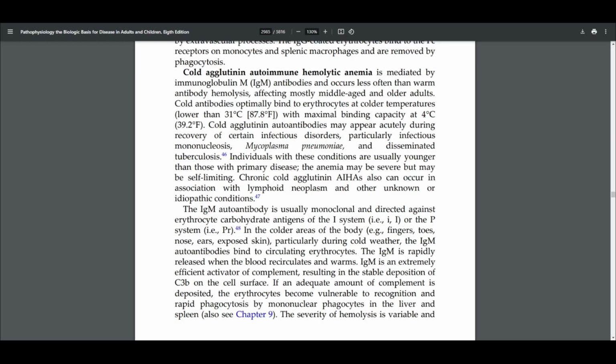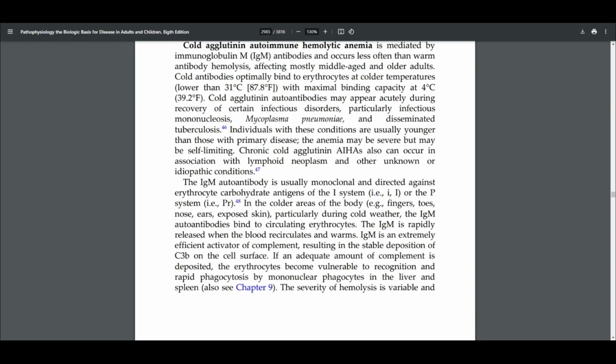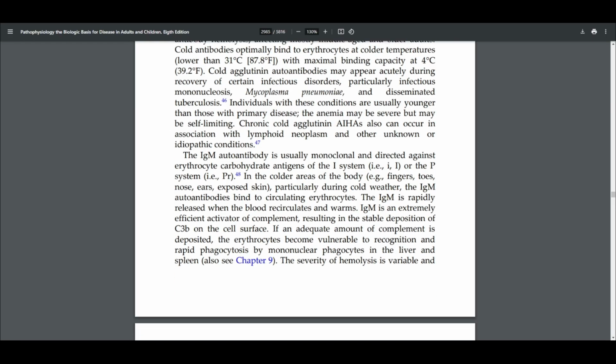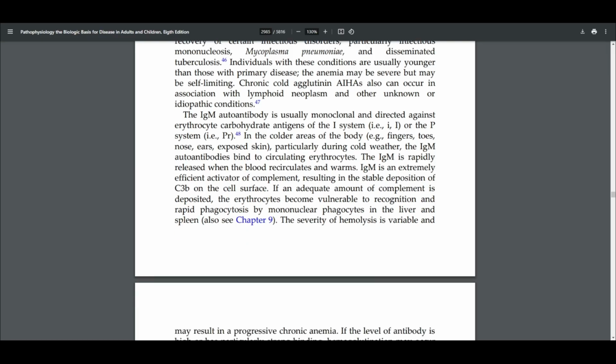Individuals with these conditions are usually younger than those with the primary disease. The anemia may be severe, but may be self-limiting. Chronic cold agglutinin AIHAs also can occur in association with lymphoid neoplasm and other unknown or idiopathic conditions.